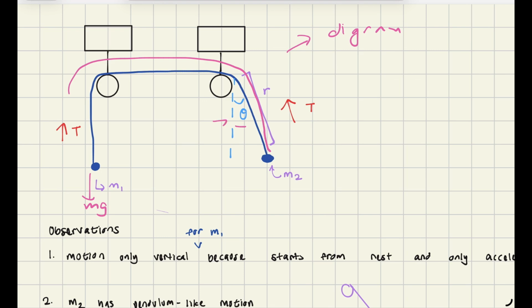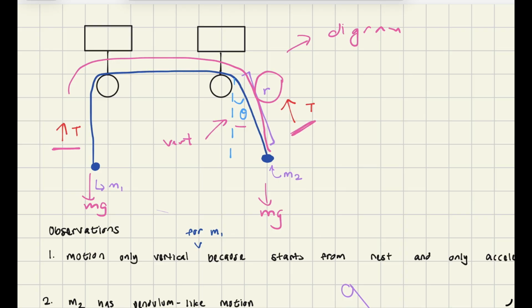And this distance from this pulley to the mass is r. So now if we just analyze the forces, tension is along the string, right? So for this left mass, we can see that the tension is up, and then for this right mass, we can see that it's slanted up and then left.